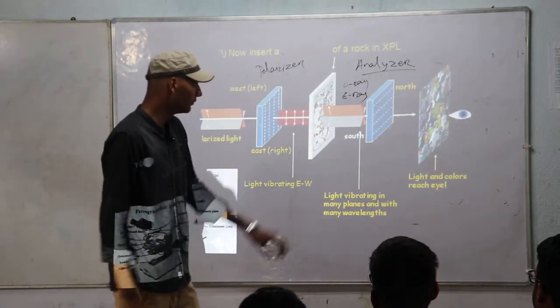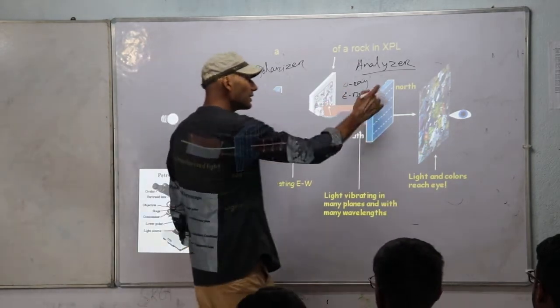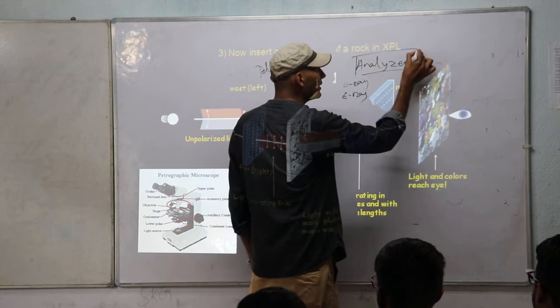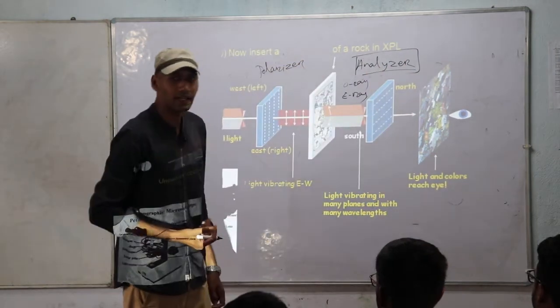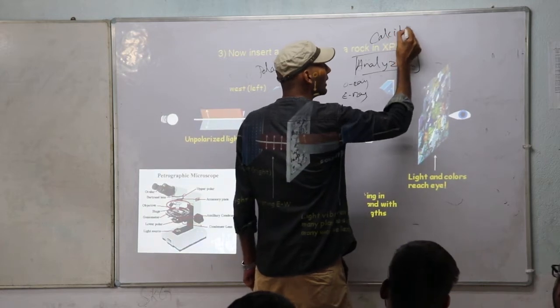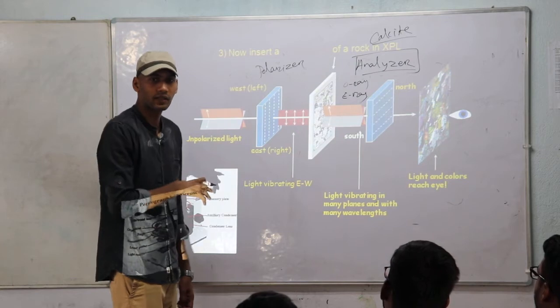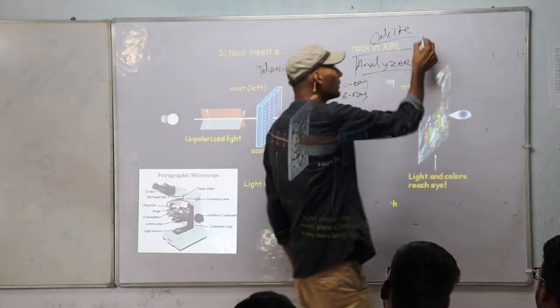Okay. Now both this ordinary and extraordinary ray again enter the analyzer. What is within the analyzer? Calcite. Is calcite isotropic or anisotropic? Calcite is an anisotropic mineral again.